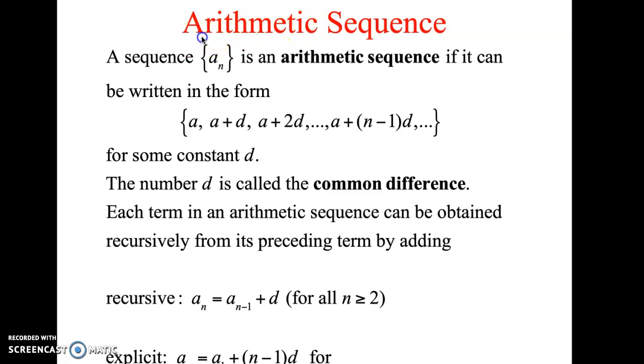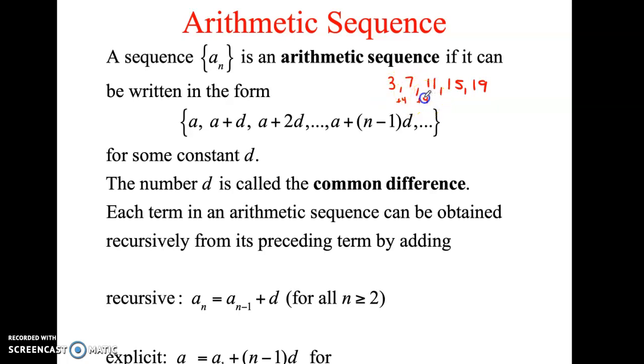An arithmetic sequence is a sequence where you're adding the same number to the previous number to get the next number. For example, we have 3, 7, 11, 15, and 19. We add 4 to the previous number to get to the next one.